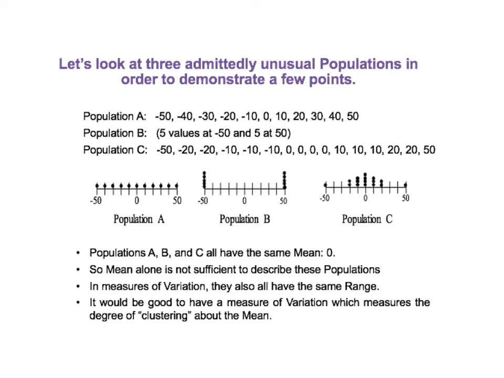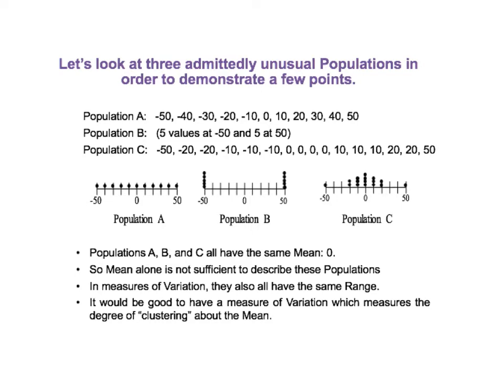Let's look at 3 admittedly unusual populations in order to demonstrate a few points. Their individual data values are listed on the slide. And a dot plot for each is shown. The first thing we can say is that they all have the same mean, and that the mean is 0. So mean alone is not sufficient to differentiate these populations.